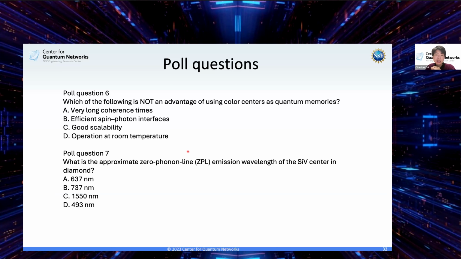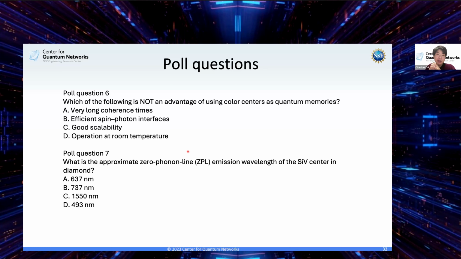The good scalability is guaranteed, at least for now, because we understand that it follows the standard of the semiconductor industry. We will try to make it CMOS compatible, but there's still some time to make it really scalable. That's why in the network demonstrations, you see only limited numbers of nodes or color centers being used.